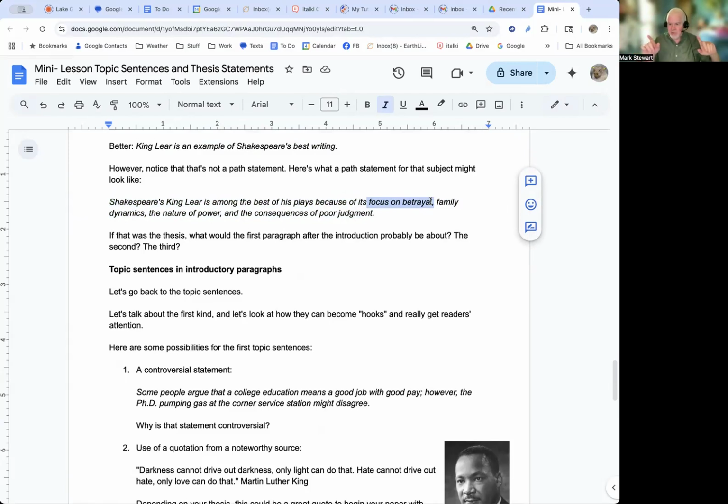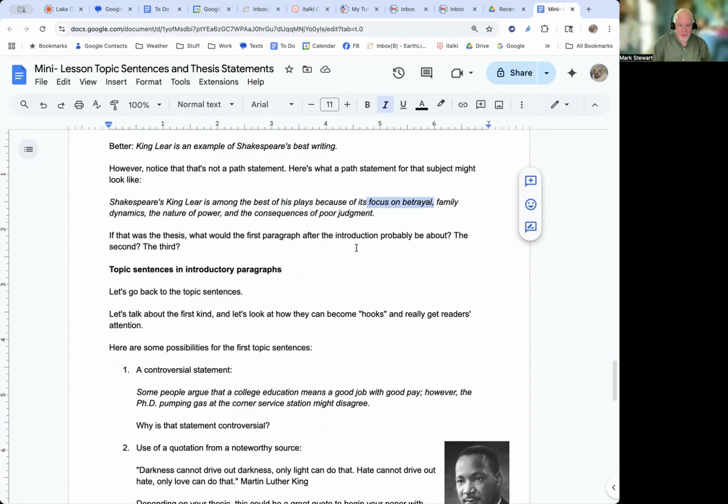We'll focus on topic sentences again later. Then your thesis path statement, and that's your introductory paragraph. So your second paragraph is going to be what? Exactly. It's going to be that first premise, the focus on betrayal. And the third paragraph will be family dynamics and so on.